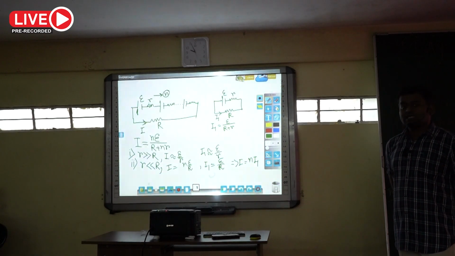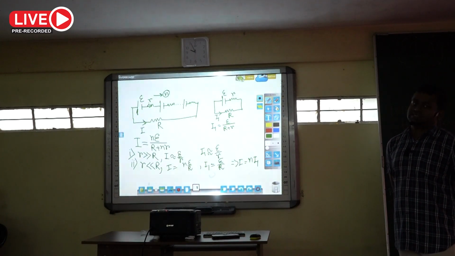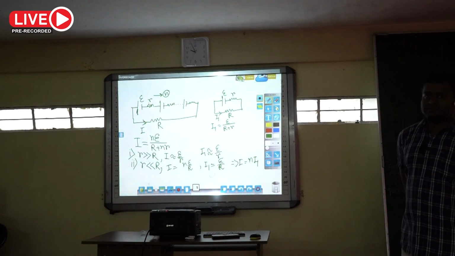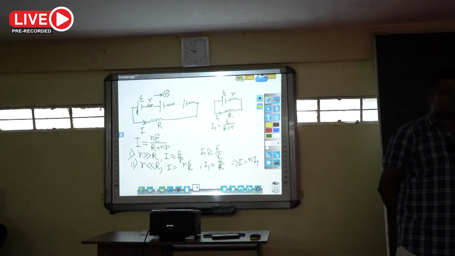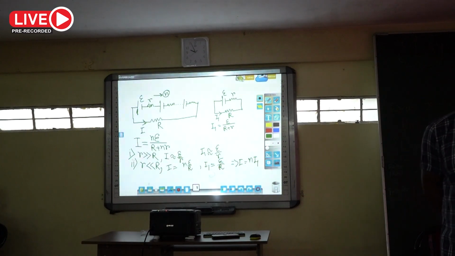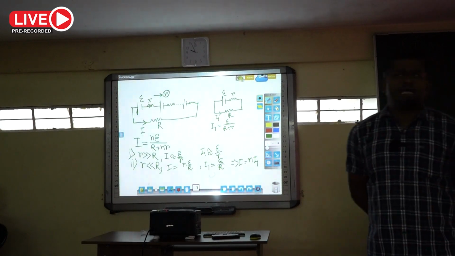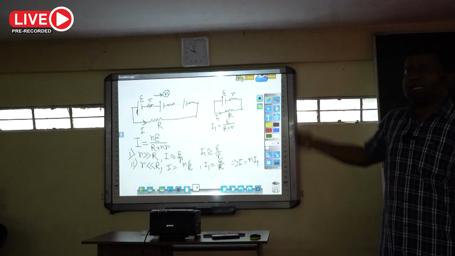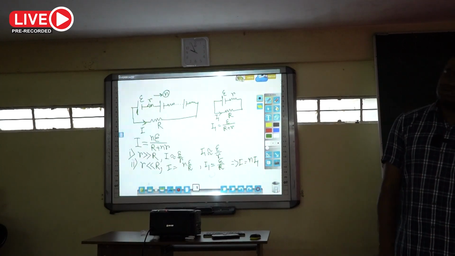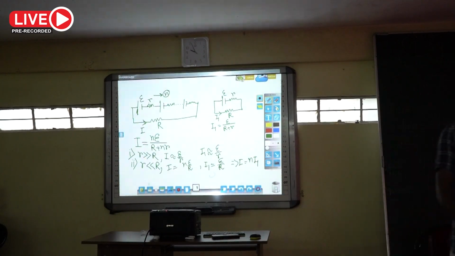So if internal resistance is small, to get high current, connect the cells in series, not in parallel, because in parallel current will not increase. The internal resistance of every cell, because all are identical cells, is small.